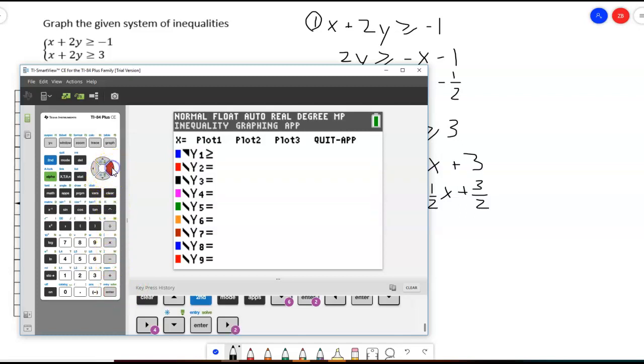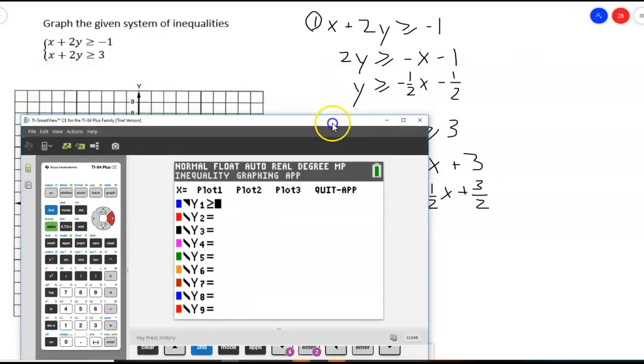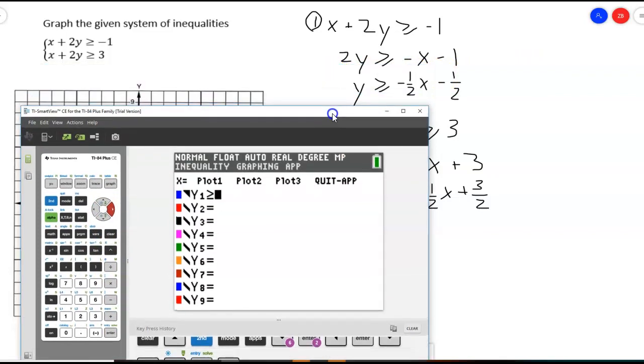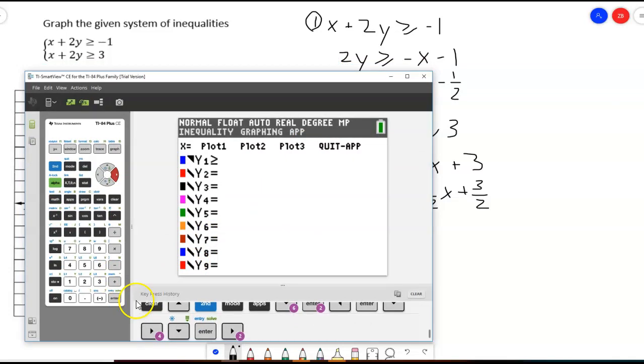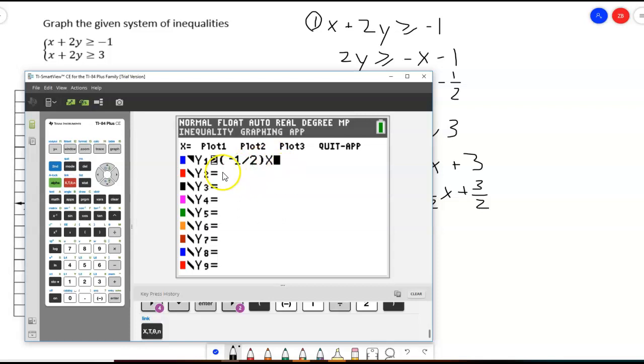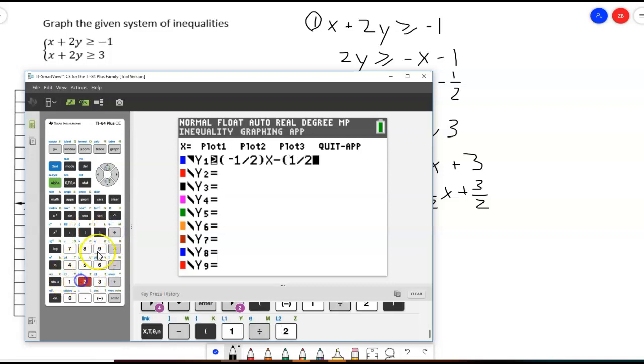And now I'm going to put in this first equation, which we said was -1/2 x minus 1/2. I'm going to put -1/2 in parentheses just to make sure my order of operations stays good: -1/2 x minus 1/2. So put it just like this.